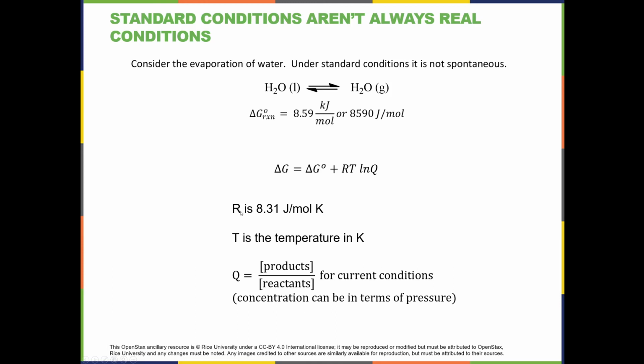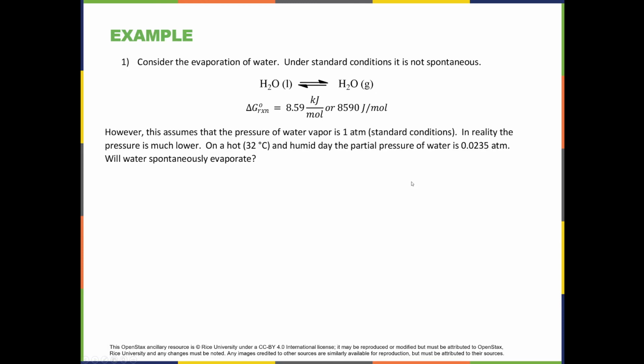Here we use R as 8.31 joules per mole K. The reason we use this R is because we want to add a term in joules, not a term in liter atmosphere. So we don't want to use 0.08206. And T is the temperature in Kelvin. So we'll do 2 examples with this, and that'll be it for this particular chapter.